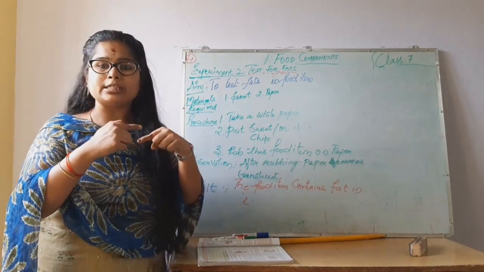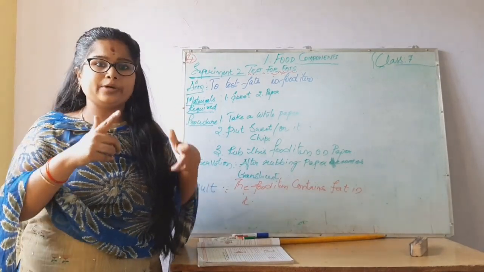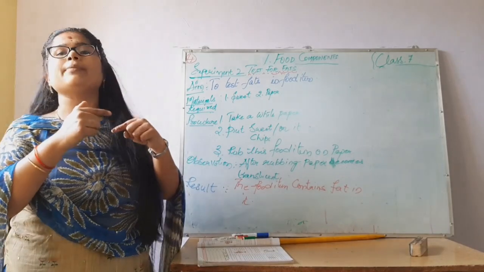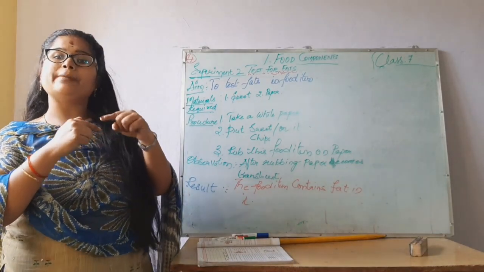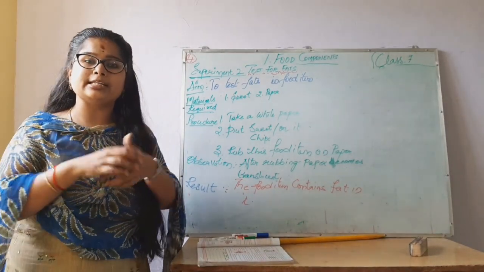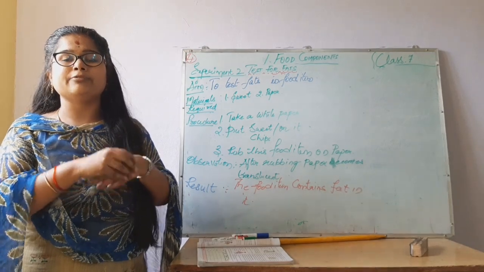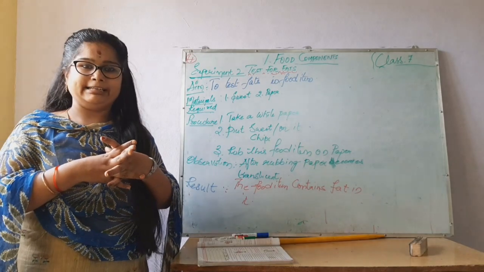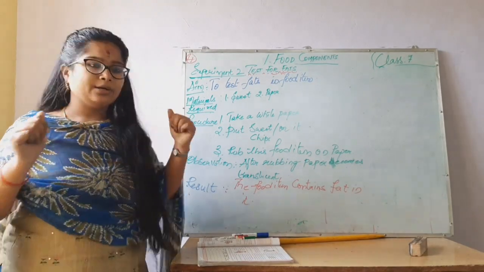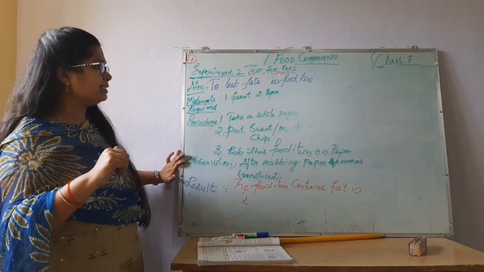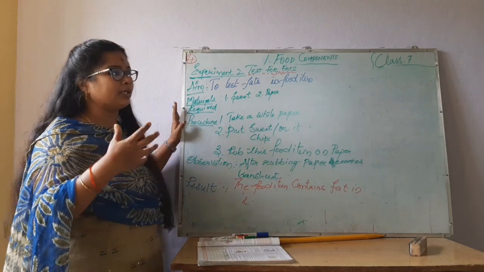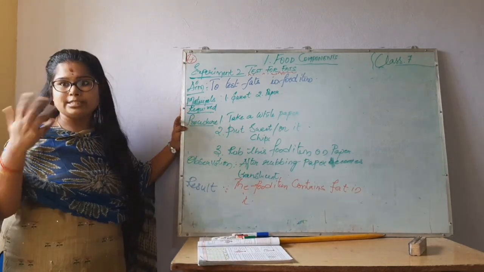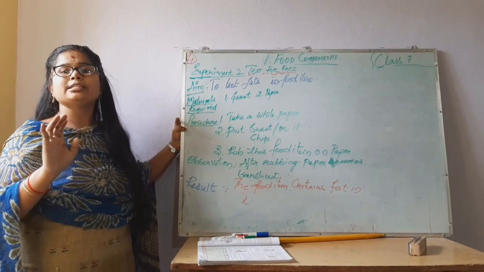Turning the paper transparent is very important here. Important point to remember: if the paper turns transparent, you can easily say that the food item you are testing has fat in it. Got it? Very easy, isn't it? Compared to carbohydrates and proteins, this fat test is very easy.